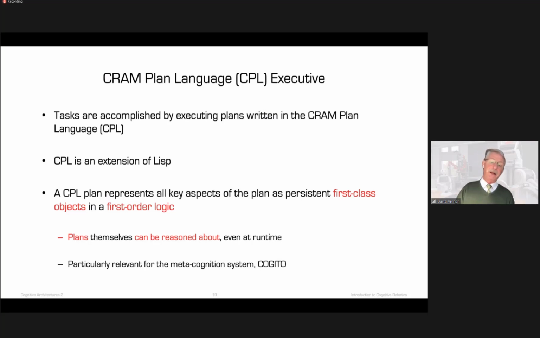That means the plans can be executed, of course, but because they are first-class objects in a first-order logic system, they can also be the subject of reasoning, even at runtime. And that's particularly relevant when it comes to the metacognition system, Cogito, so that the plans, which are the programs which make the system work, are also the subject of introspection, and they can be adapted and modified and enhanced.